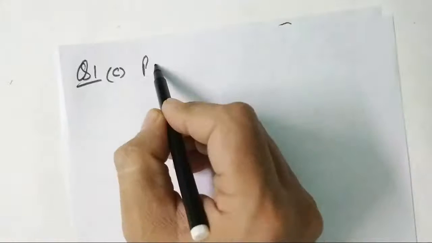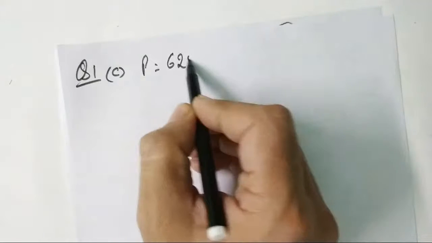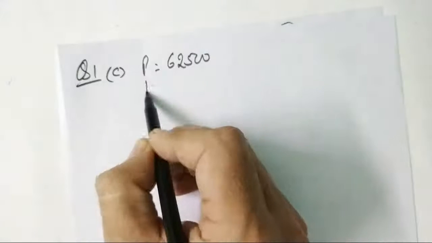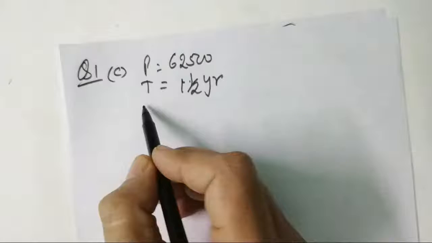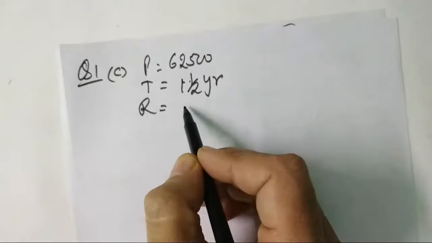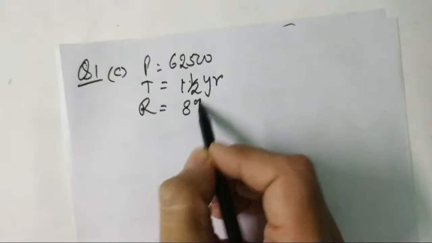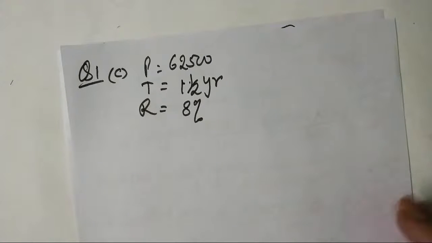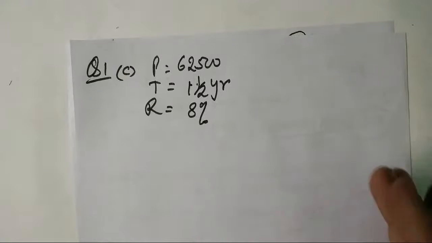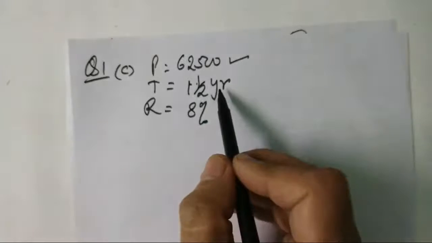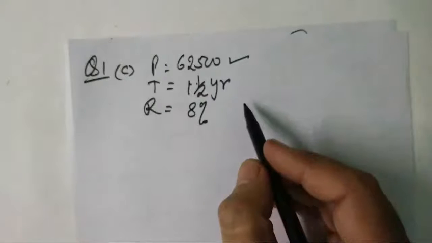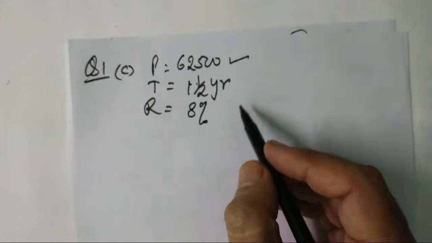The principal is given 62500. Time is given 1.5 years. And the rate is given 8%. And the only new thing in this part is principal will be same, time is 1.5 years, but it is given compounded half yearly.